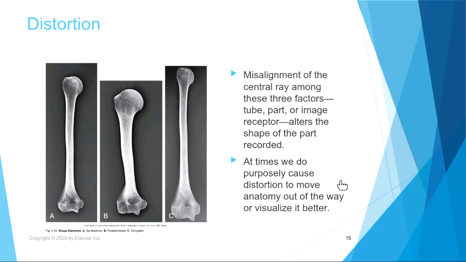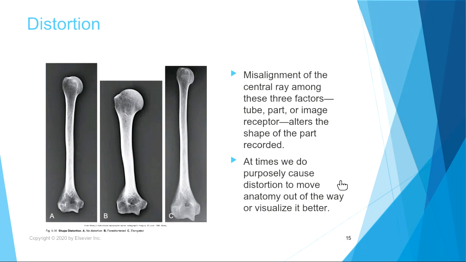Everything is kind of on top of each other. So sometimes we purposely angle the central ray, or we angle the part, or we angle the image receptor so that we can move anatomy out of the way with the beam in order to get a better visualization of a part. Take, for example, the sacrum.